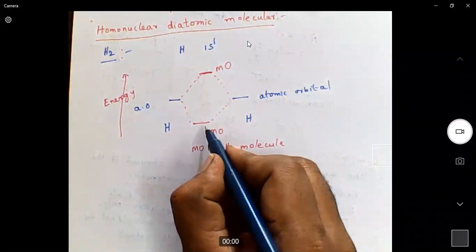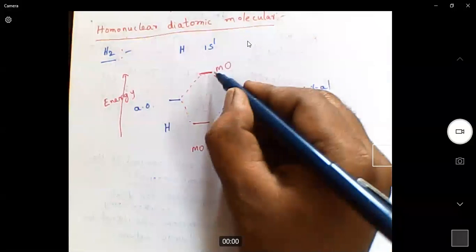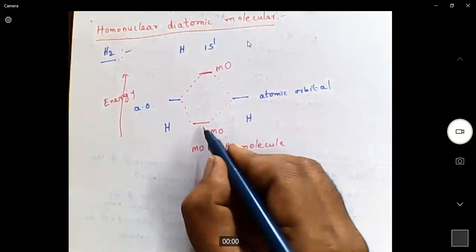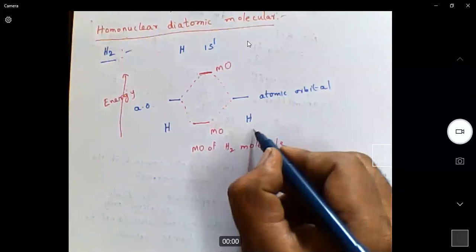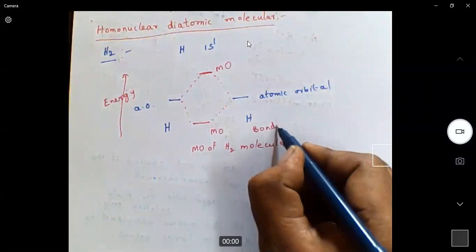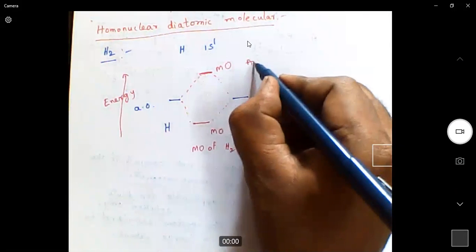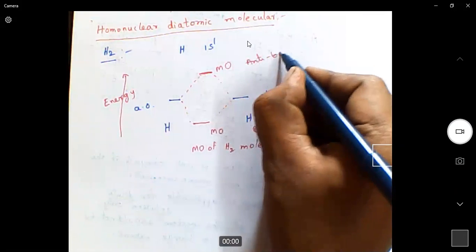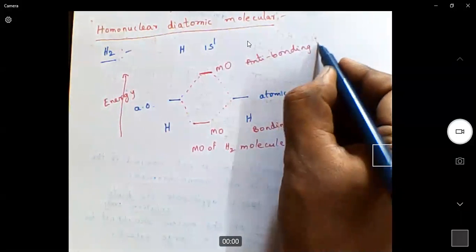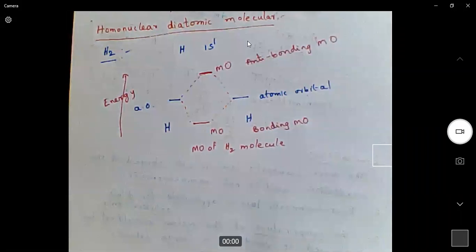One MO will have lower energy, the second MO will have higher energy. The lower MO is called bonding MO. The higher energy MO is called anti-bonding MO.